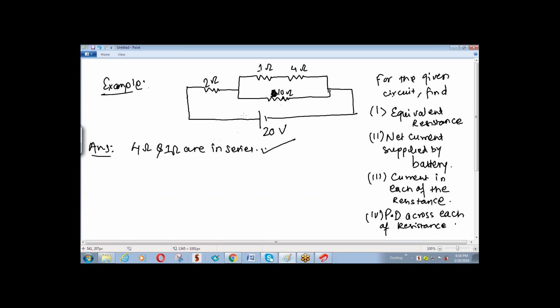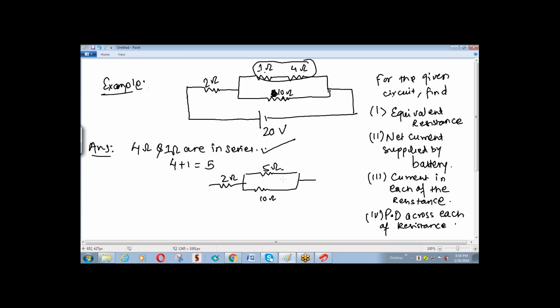Now if they are in series, can I sort out 4 plus 1, because we have done the formula R1 plus R2? So instead of this 4 and 1, I can write only one resistance, that is 5 ohm, right? So the diagram will become this one, 2 ohm.